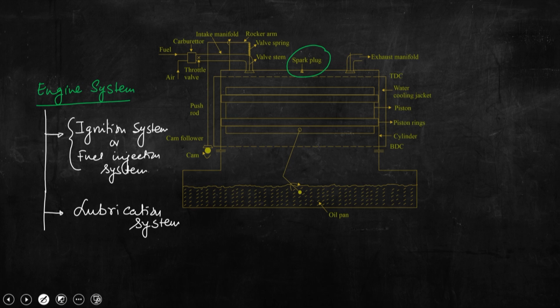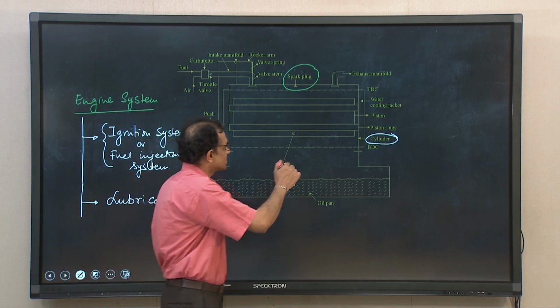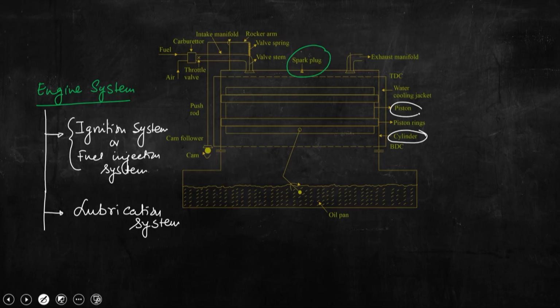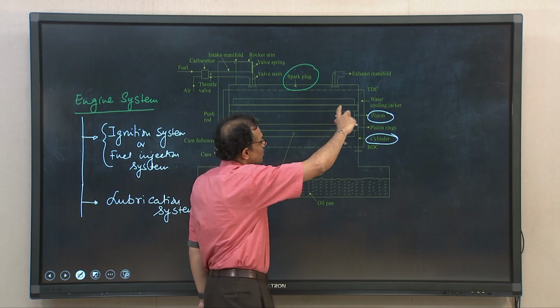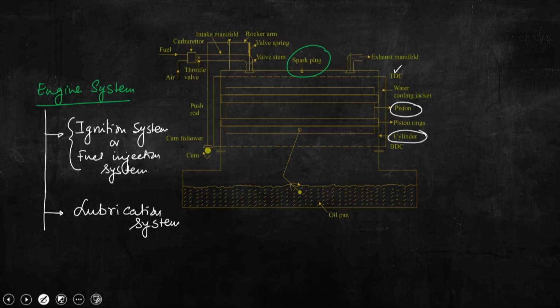You can see why lubrication system is needed, because you can understand from the schematic depiction that this engine has one cylinder, that is this. Also there is a piston, and that piston will have a reciprocating movement between these two locations. One is top dead center, another one is bottom dead center.